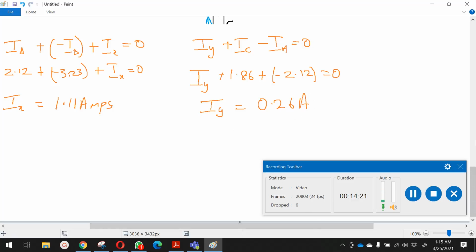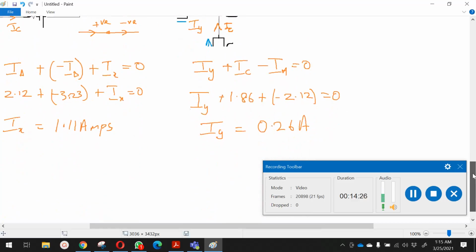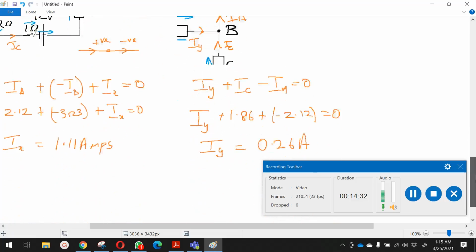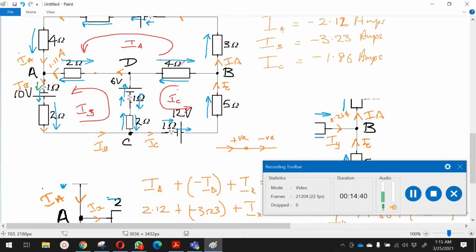So IY is positive, that means it's entering the junction, so it's coming like this, and it's 0.26 amps. Going to my main circuit, I could put it here, 0.26 amps.